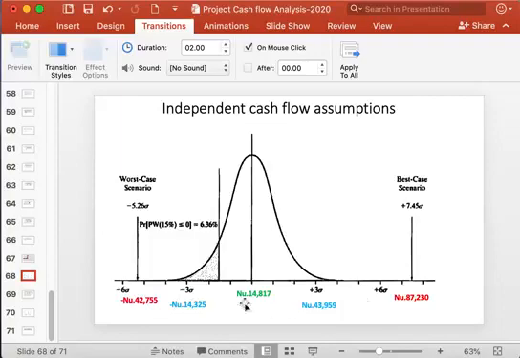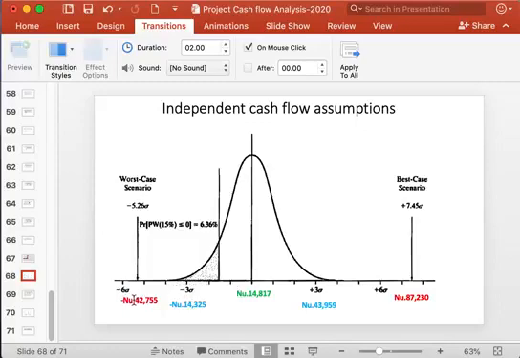But in this case, the net present worth for worst case and best case scenario are both way beyond the lower and upper limit.